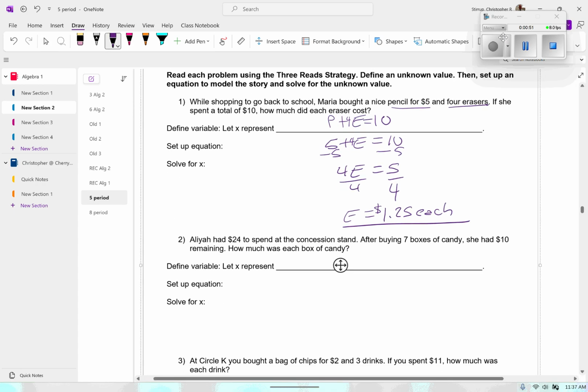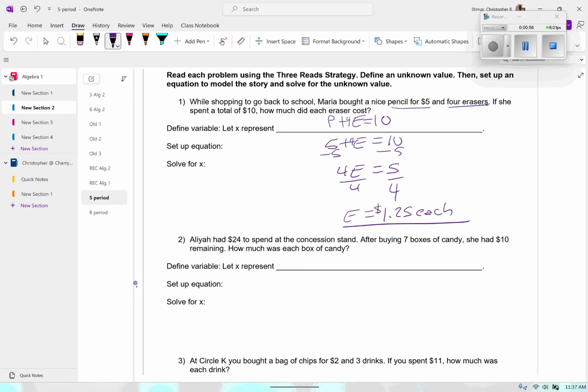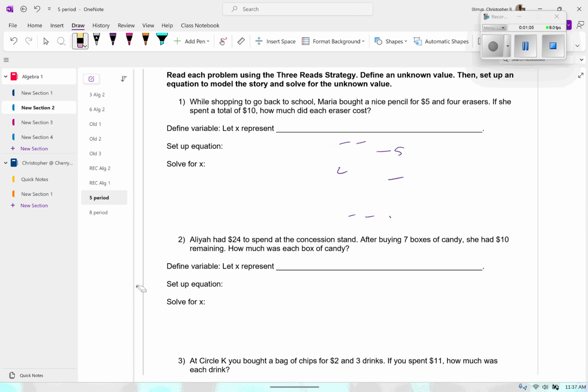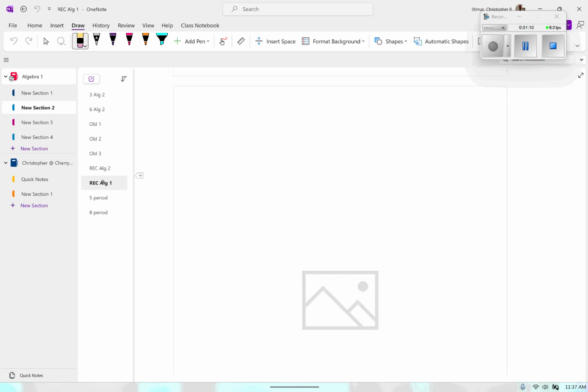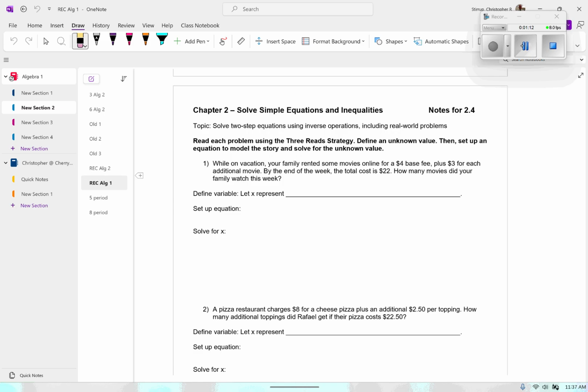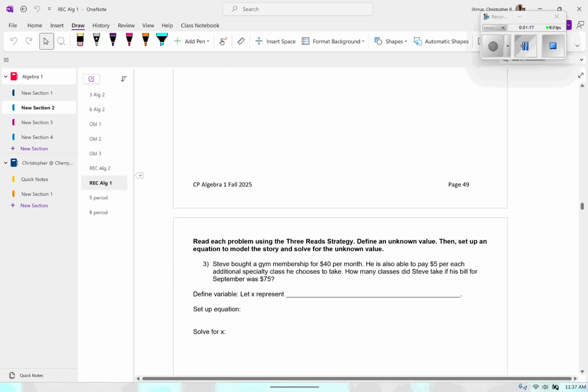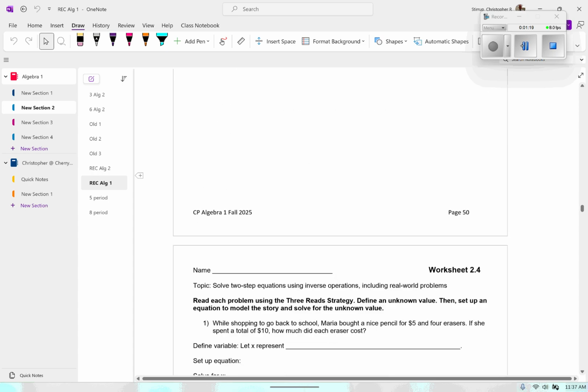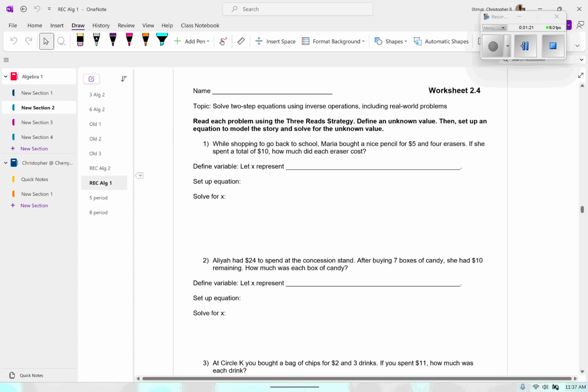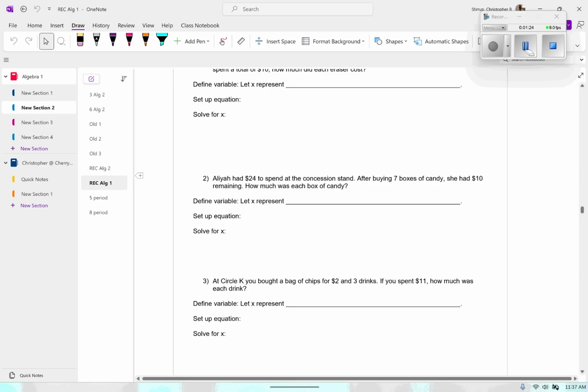Aaliyah had $24 to spend at a concession stand. Let's see, I'm going to erase these. It says Aaliyah had $24 to spend at a concession stand.